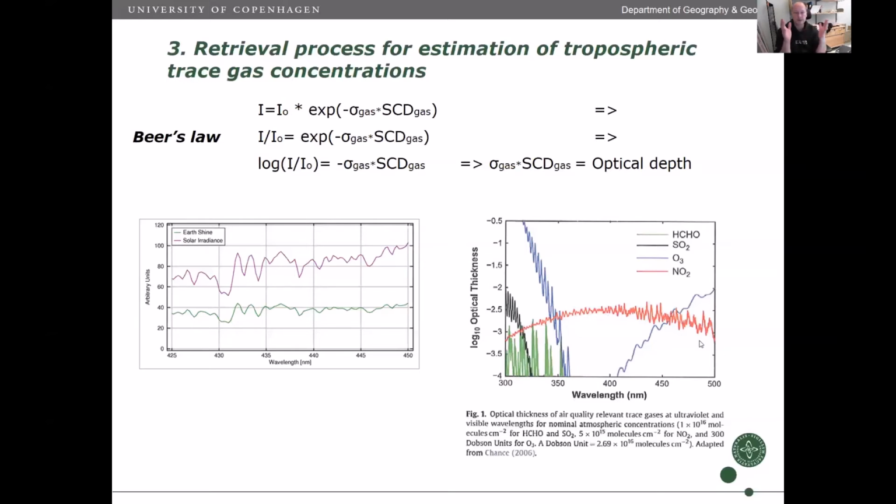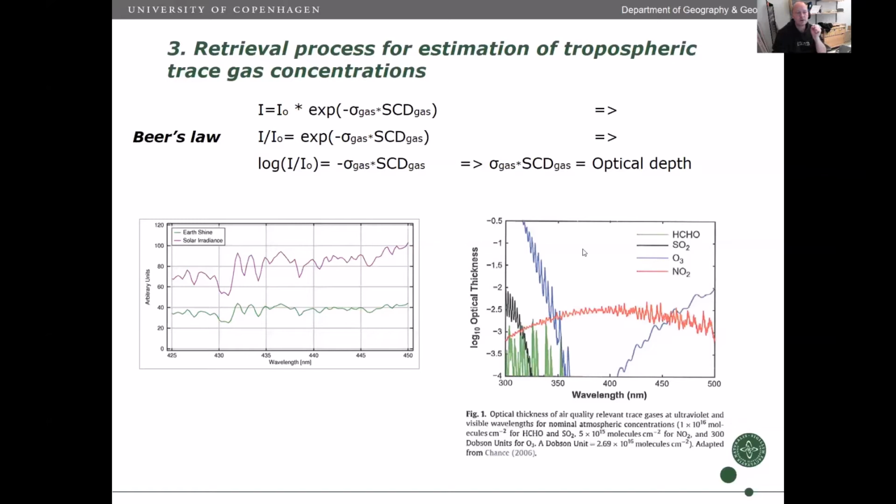But what we are interested in is to find a part which has a big variability between the different wavelengths. So that's why we chose 425 and 450 nanometers. Because as you can see, for nitrogen dioxide there is a big variability between the different wavelengths, and this makes it easy to separate the signal of nitrogen dioxide from other signals. So it's like a fingerprint of nitrogen dioxide, the measured reflectance in these wavelengths.